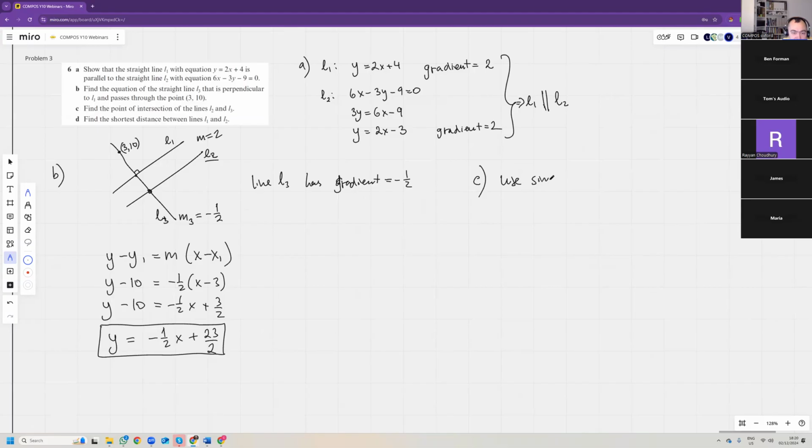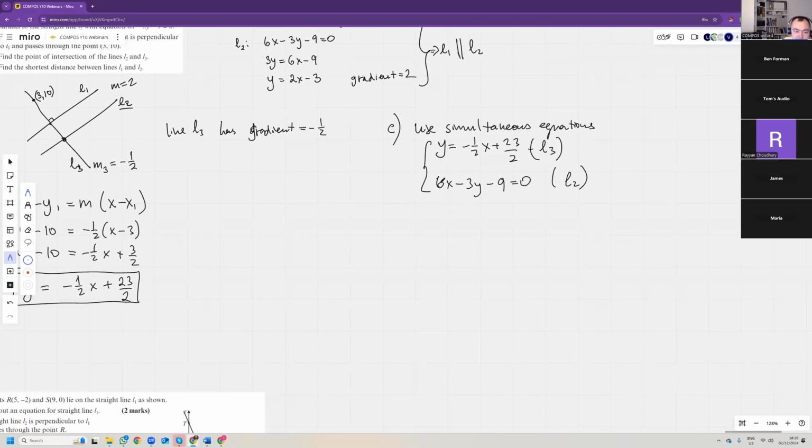Use simultaneous equations. And then y equals minus 1/2 x plus 23 over 2. That's L3. And L2 is 6x minus 3y minus 9 equals 0. That's L2.